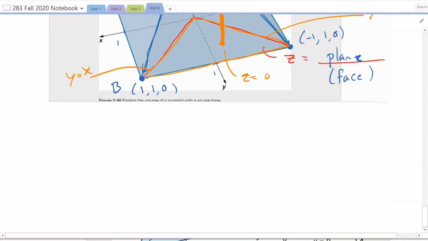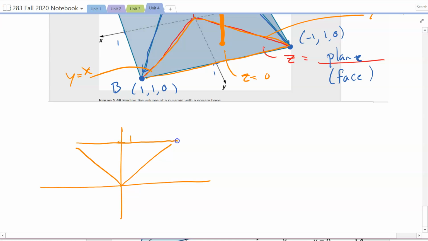Looking at that projection into the xy plane, we've got y = x, y = negative x, and then y = 1 is going to be the top of this. What we want to do is vary x between negative 1 and 1, and for each generic x, we're going to let y vary.